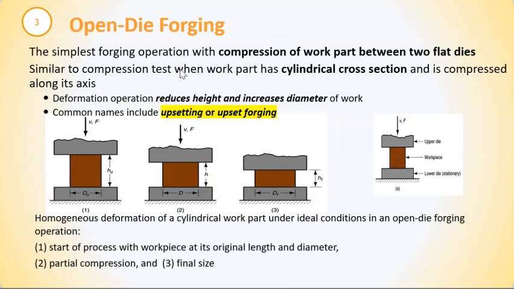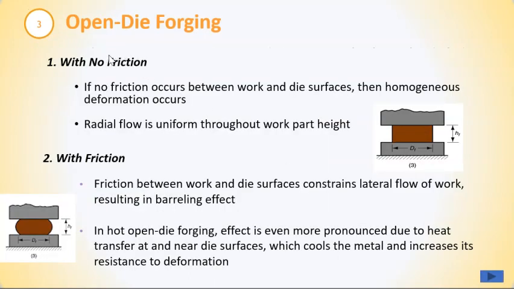Open die forging is the simplest forging process, in which they use compression force between two flat dies. It is usually used to reduce the height and increase the diameter. The commonly used name is upsetting or upset forging. So these are two flat dies and the force is from the top, used to flatten the workpiece.